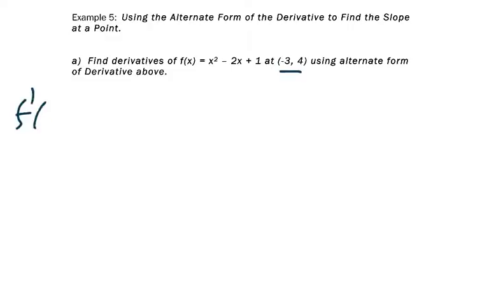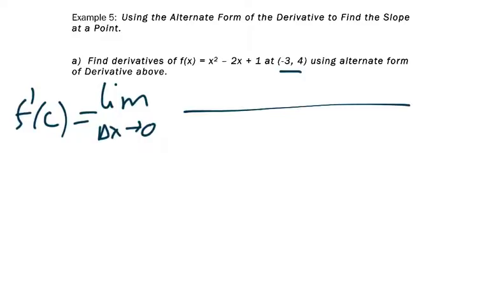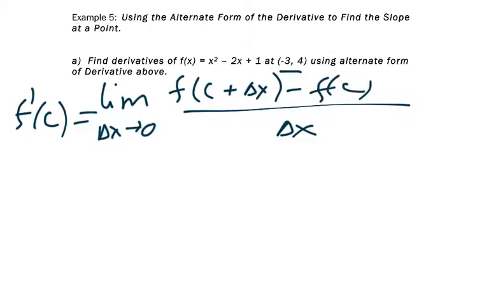In this case, the c that we're looking at is the x value from the given point, which is negative 3. So we want to find the slope when x is negative 3. That is what this question is asking you to do.